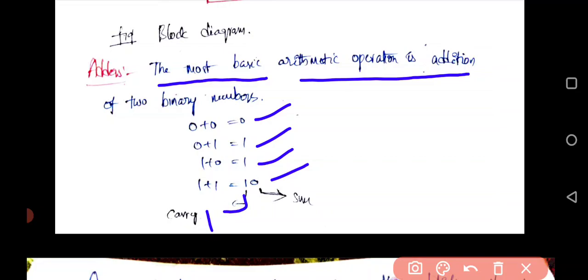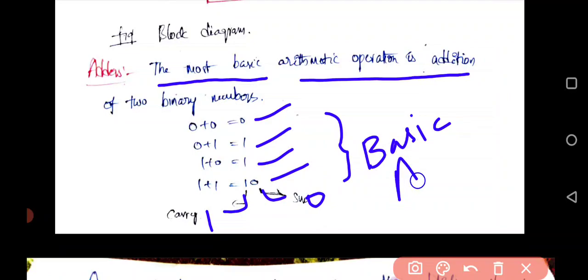So this is the basic addition operation in the case of binary numbers.